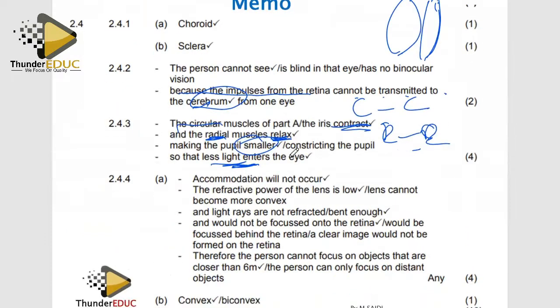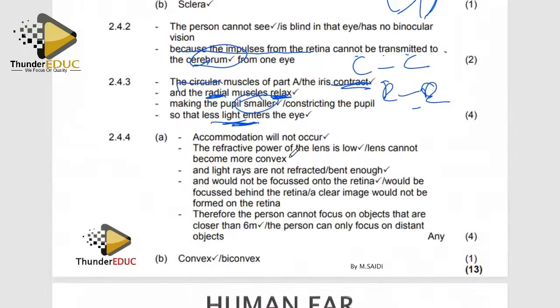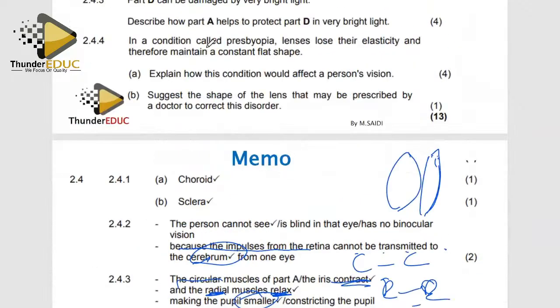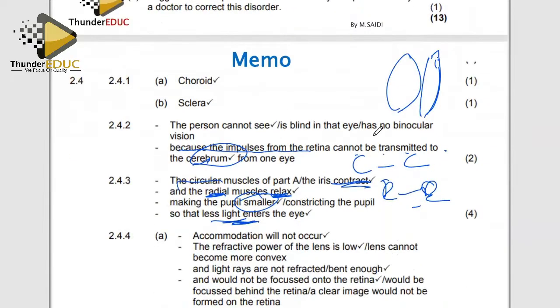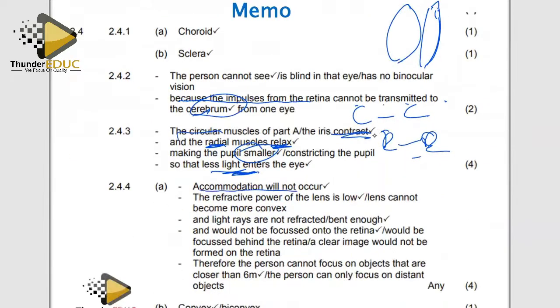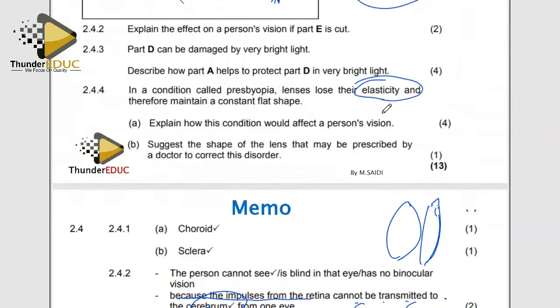We are saying that this is basically accommodation. Remember that changing the shape of the lens so you are able to see is called accommodation. If the lens cannot become elastic, it cannot adjust, therefore accommodation will not take place. If the lens is flat, it cannot become thicker.